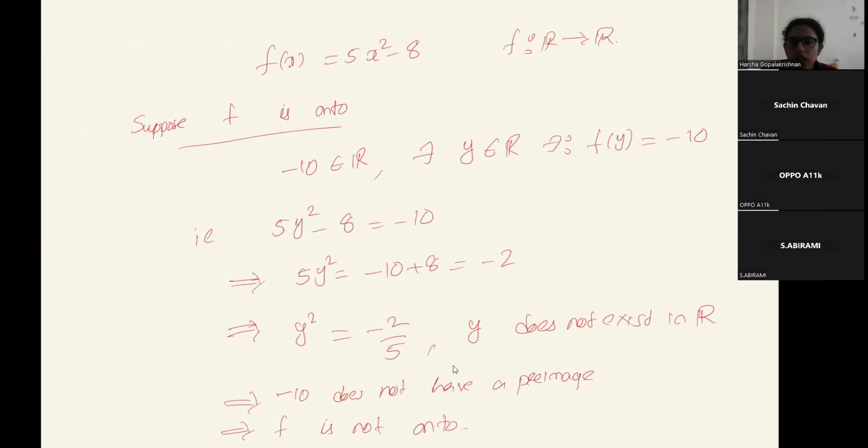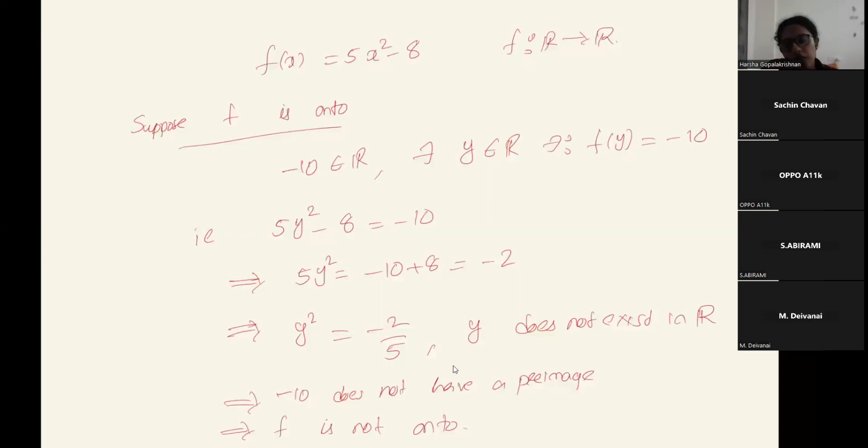The question is, by both results, it is not 1, 1 and not onto. So far, can we conclude it is not a function? No, we cannot, because a function can be not 1, 1 and not onto. Not 1, 1 and not onto does not imply it is not a function. For example, f of x equal to x square.